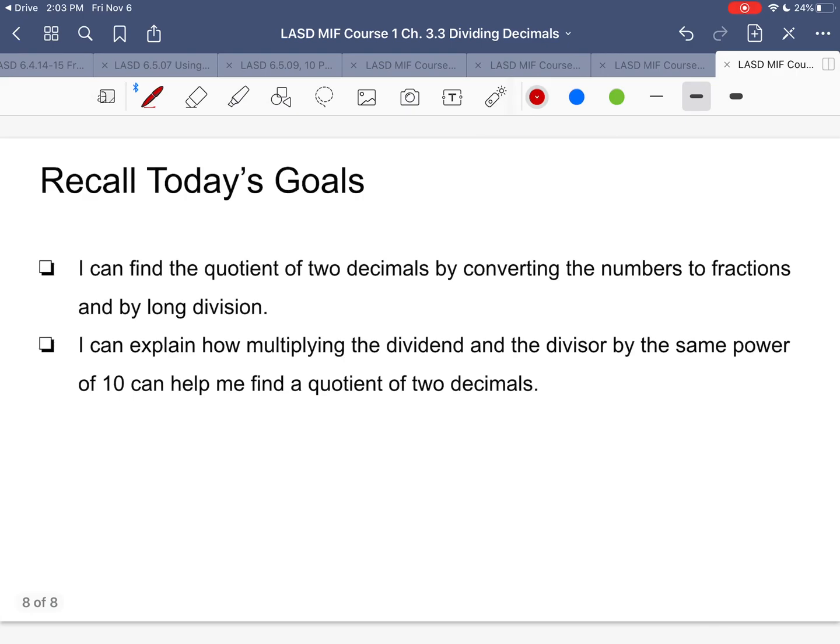So in today's lesson, you learned how to convert numbers to fractions and how to do long division. And you also learned that multiplying the dividend and the divisor by the same power of 10 can help you find a quotient of 2 decimals. And that's the end of today's lesson.